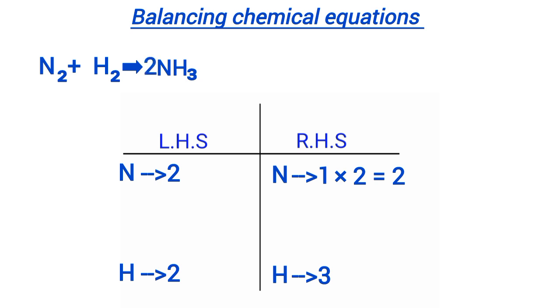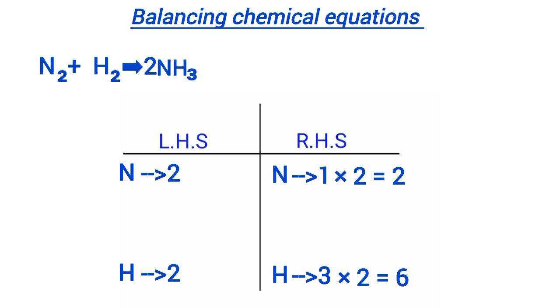Next, we move to hydrogen. On the left-hand side of the equation, we have 2 hydrogen. On the right-hand side of the equation, do we still have 3 hydrogen? No. Placing this 2 here automatically affects this hydrogen. So now we have 3 times 2, which is 6 hydrogen.